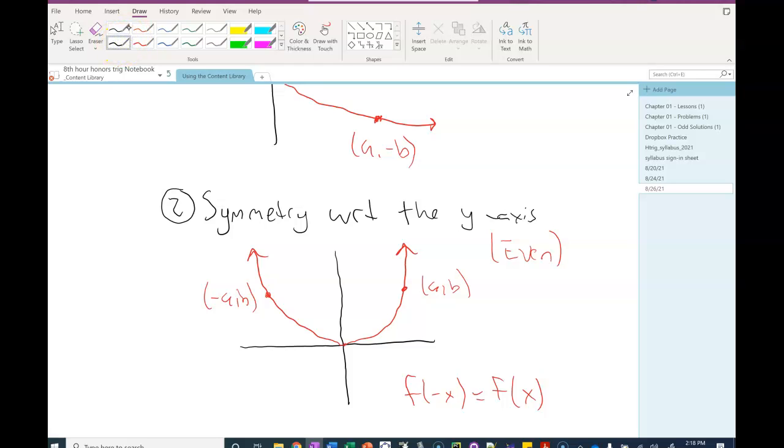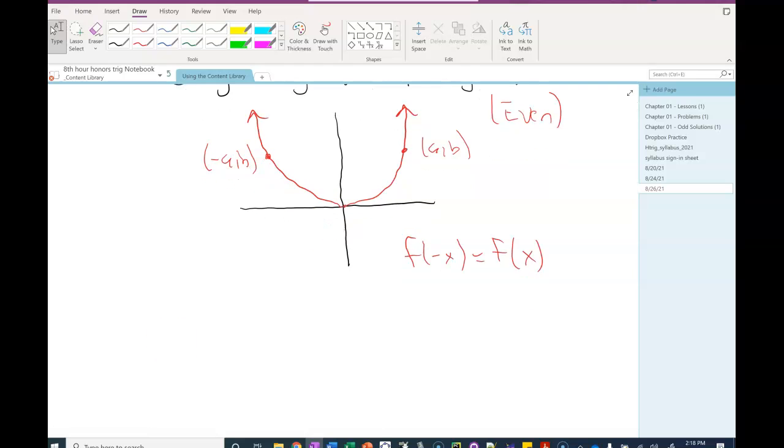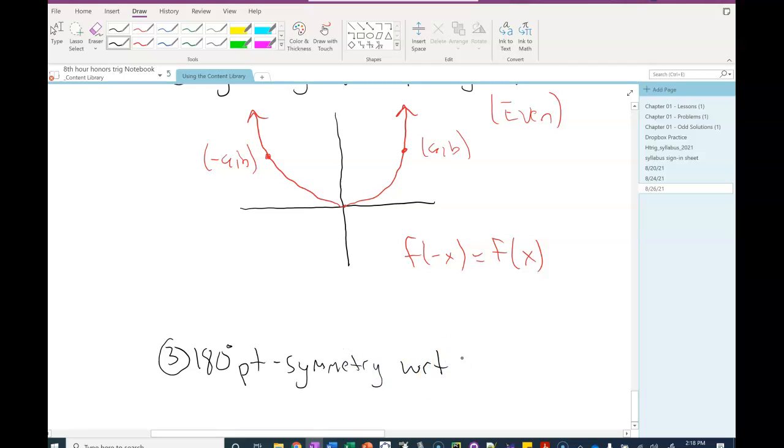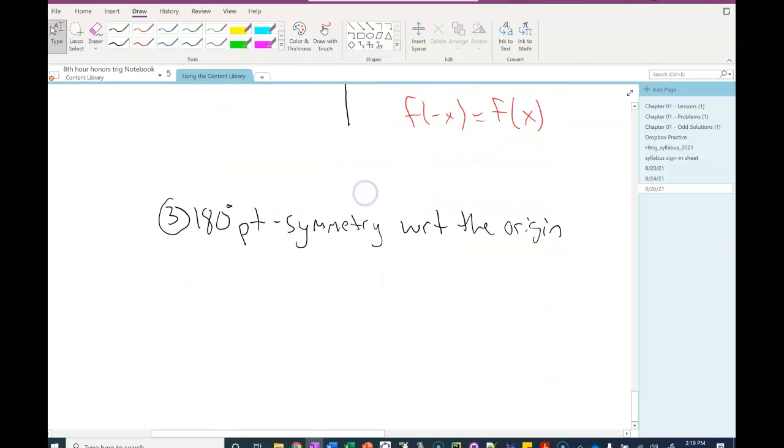The third type of symmetry is 180-degree point symmetry with respect to the origin. I'm going to abbreviate point as PT. So what this graph looks like is something like this.